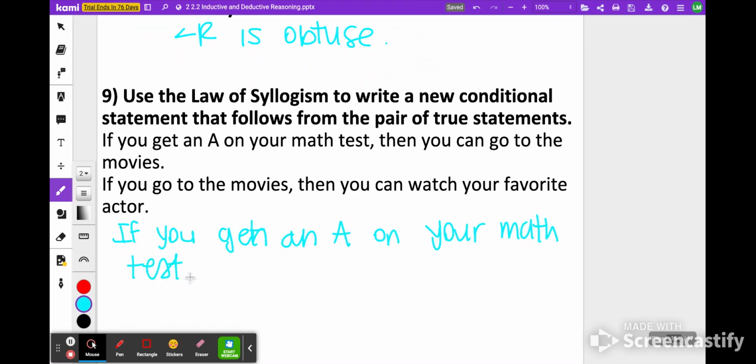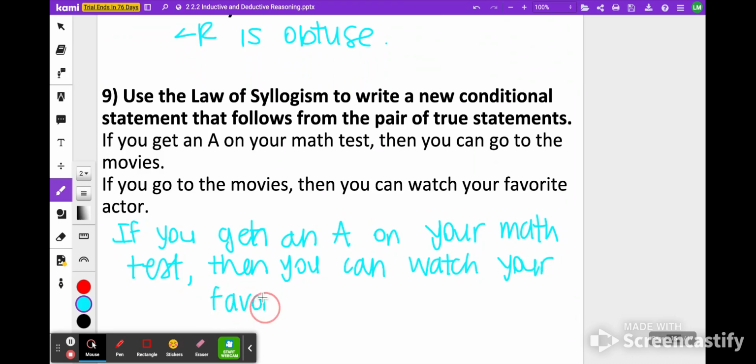The first conclusion is movies, but we want to pair it up with the last conclusion. Then you can watch your favorite actor. Okay, so again, that connects from the first statement to the very last conclusion.